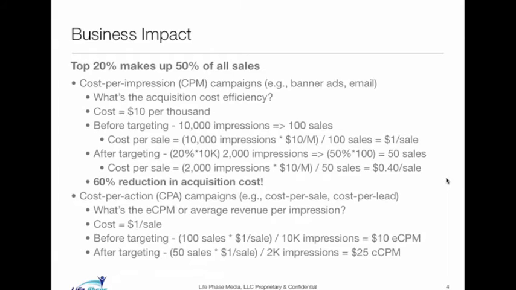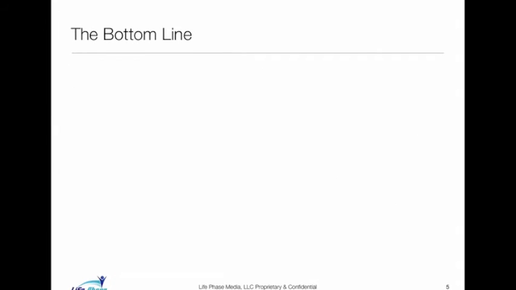After targeting, we only generated 50 sales, but we did so over 2,000 impressions, resulting in an ECPM of $25. That's a 150% increase, or another way to say it is a 2.5 times increase in ECPM. How many publishers do you know would be interested in serving the same impressions but generating 2.5 times increase in their revenue?